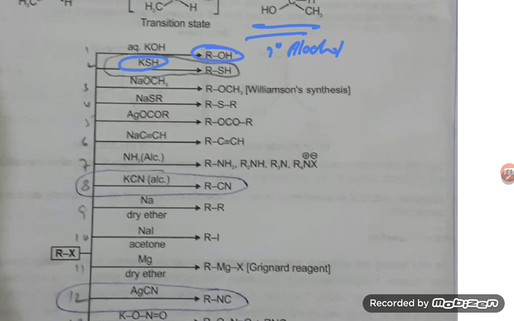With KSH, you get RSH. NaOCH3 gives ROCH3, the Williamson ether synthesis. NaSR gives RSR. AgOCOR gives RCOOR, an ester. NaC triple bond CH gives RC triple bond CH. NH3 gives RNH2, R2NH, R3N.